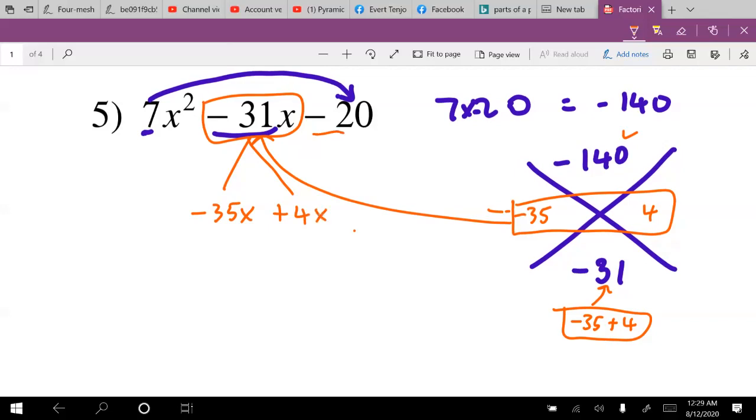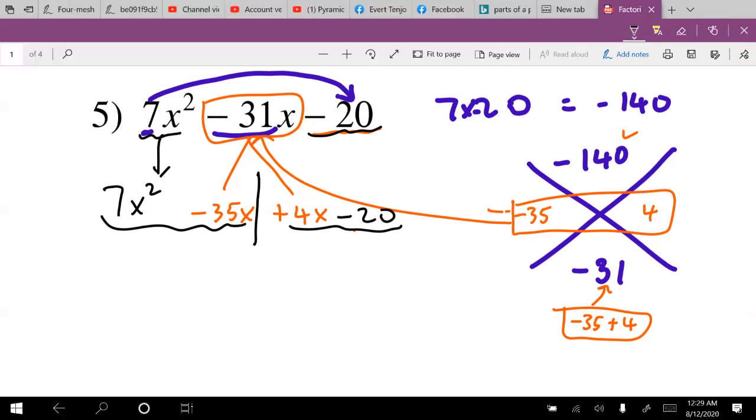And I'm going to drop down negative 20, and we're going to drop down 7x squared. I'm going to put a little bar over here. And we're going to factorize this first part and the second part.